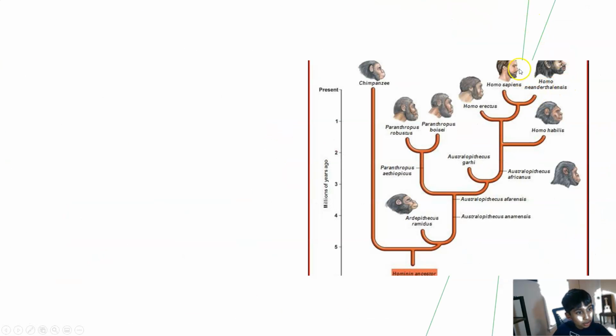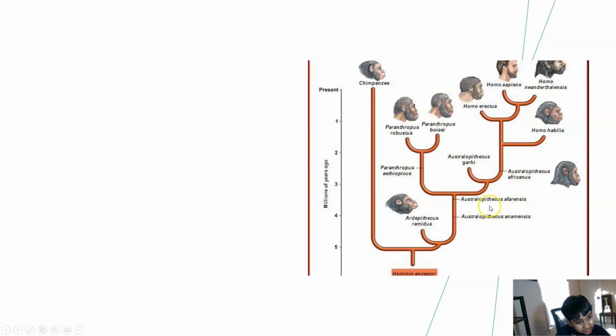Okay, they're Homo sapiens, Homo neanderthalis, like I told you, and then Homo erectus, and Homo habilis, the ancestor of Homo erectus, and Homo habilis's ancestor is Australopithecus africanus. Australopithecus africanus's cousin is Australopithecus garhi, and their ancestor is Australopithecus afarensis.